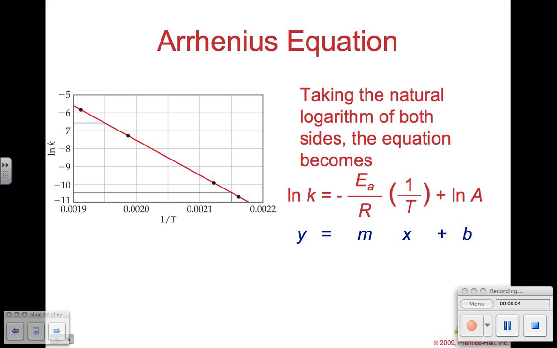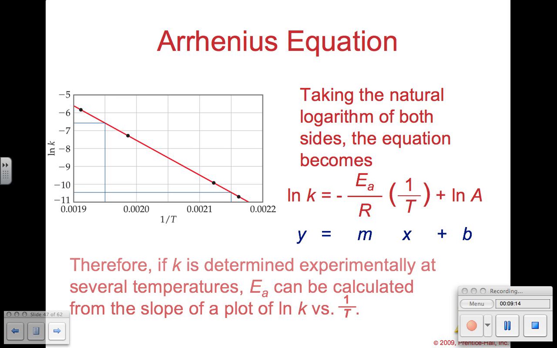So y equals mx plus b. Then if you want to find out the activation energy of a reaction, and you know the rate constant k, you know A, and you know the temperature, then you can solve for m, the slope, and determine the activation energy of that reaction, which is pretty cool.